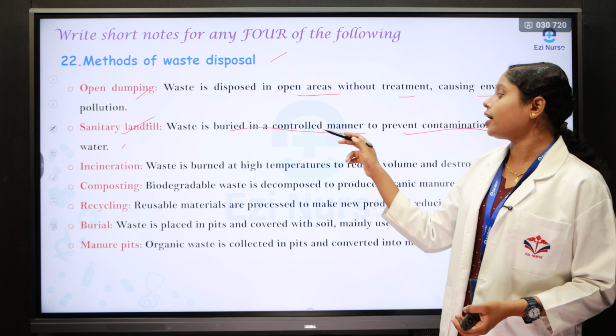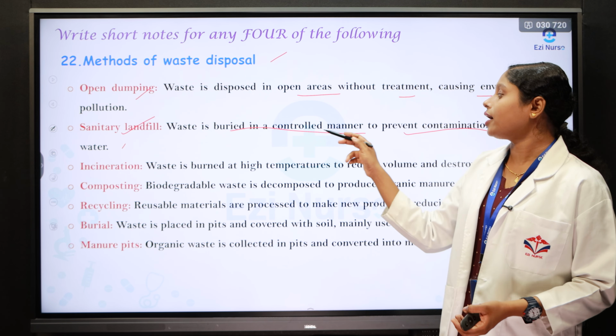Incineration: waste is burned at a high temperature, 800 to 1200 degrees Celsius, to reduce volume and destroy the pathogens. Next, composting. Biodegradable waste is decomposed to produce organic manure.